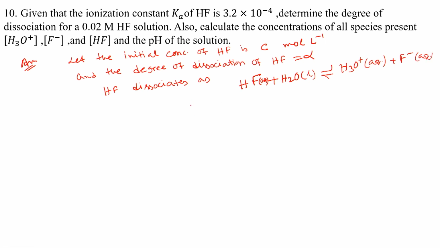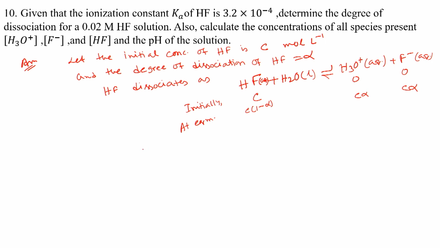So initially we had C moles of HF, and the concentration of H3O plus was 0, and concentration of F minus was also 0. Now at equilibrium, alpha is the degree of dissociation, so C times 1 minus alpha for HF, and C alpha for H3O plus, again C alpha for F minus.